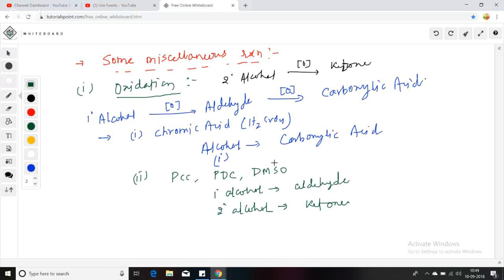PCC is pyridinium chlorochromate. PDC is pyridinium dichromate.